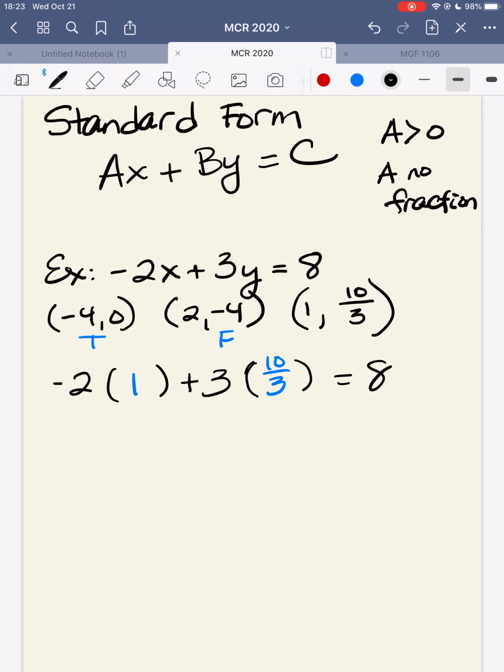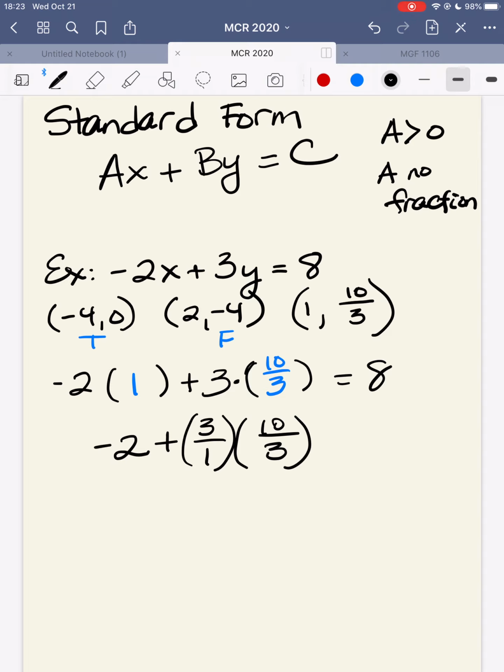I know -2 times a +1 is -2. And I'm going to go ahead and write that. The second piece, okay, well I have 2 fractions. I am multiplying those 2 fractions. So I'm going to say 3 as a fraction is 3/1. And I'm going to multiply that by 10/3.